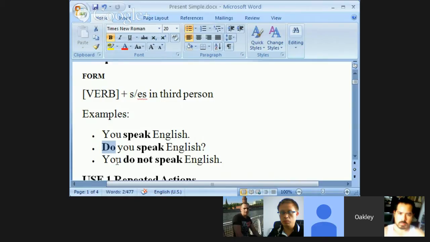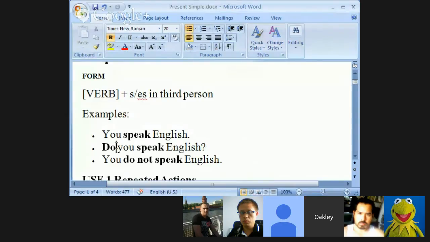So for example, in a question, as always, by the way, the first auxiliary, no matter how many we need to form a verb tense, will go first. So, do you speak English? Okay, subject, verb, object. Subject, verb, it's not necessary to have an object. In this example, we do.